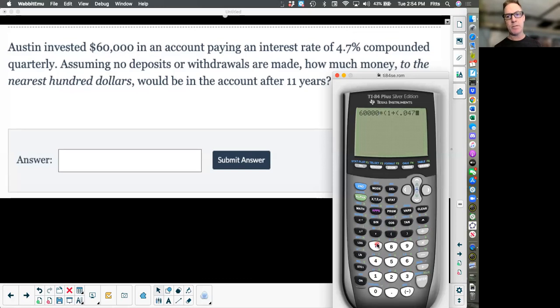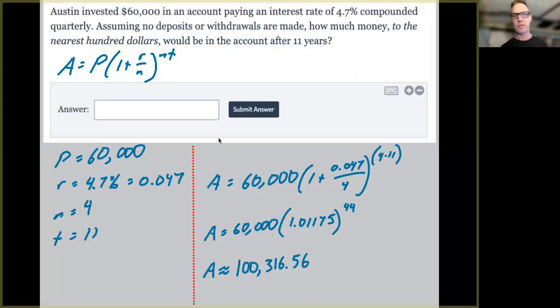If you want to do this as separate calculations, please do. Divided by 4, close the 2 parentheses because I have 2 open parentheses there, right? Open, open, close, close. Raise that to the power of 4 times 11 or 44. And I get 100,316. So to the nearest 100, that would be 100,300.